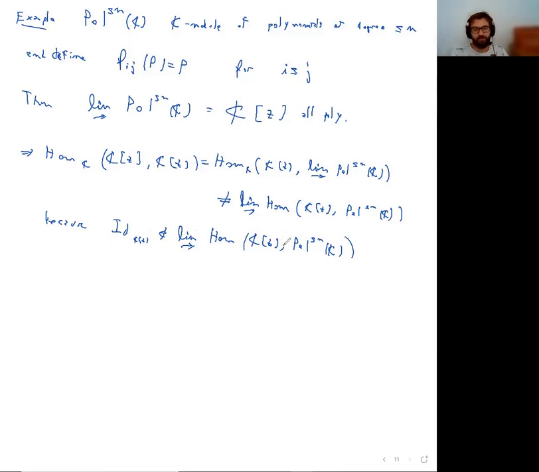At no stage here can you have the identity map, simply because here you must be less or equal than n. So in the direct limit you don't have the identity. While here, of course, you have the identity because it's the same ring. So this is much smaller.